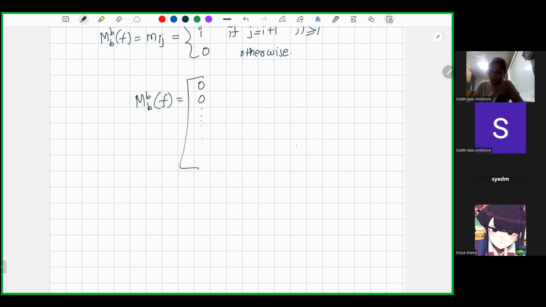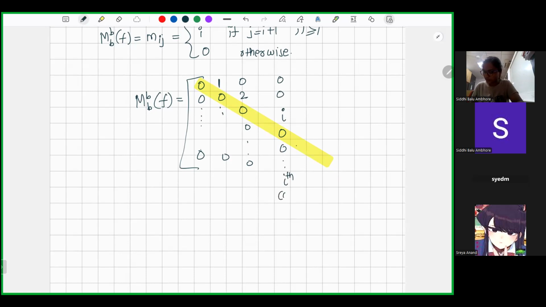0 in the first column, then 0, then 0, 2, and then again this is my diagonal. Everything below it will be 0. And for the ith column, everything will be 0 except just above the diagonal, where it is i, and 0 and 0, and so on.